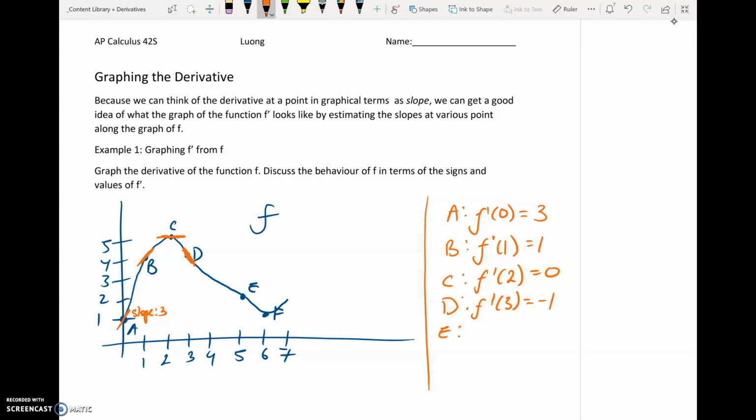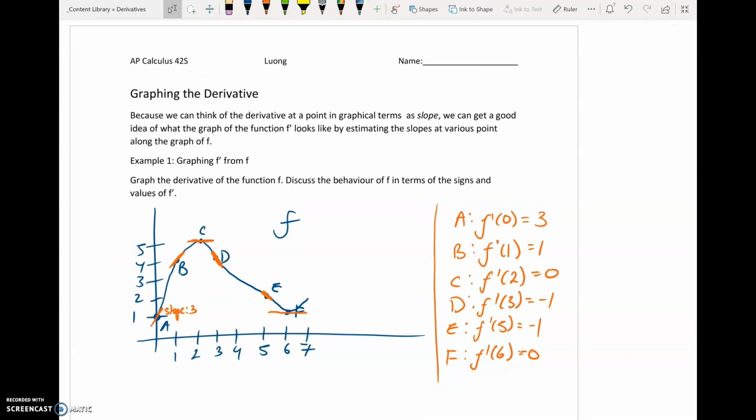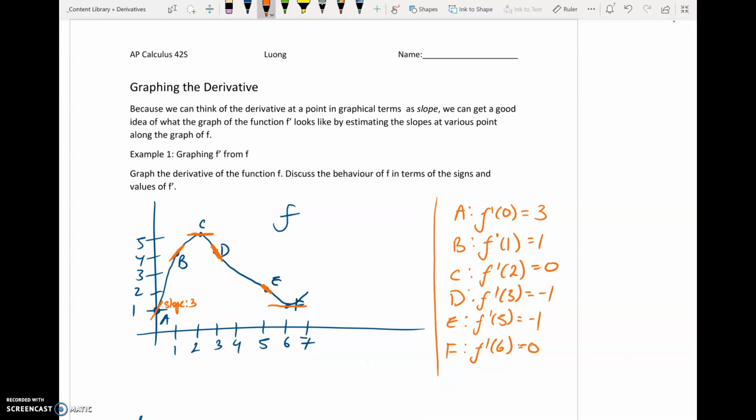Our next point is at E. So we're looking at this one here. From here, it looks like we went down 1 over 1. So we have another slope of negative 1. And lastly, at F, it flat lines like that. So f prime of 6 is 0. So we just analyzed our graph of f.